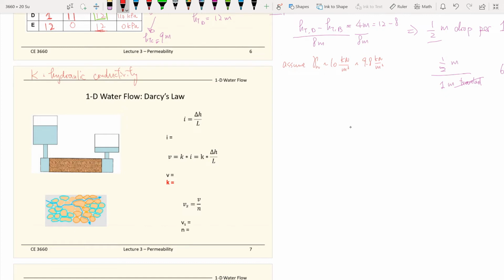In this laboratory setup on the left, you will see a soil specimen right here. We can measure the length of this soil specimen, and it is subject to hydraulic head.